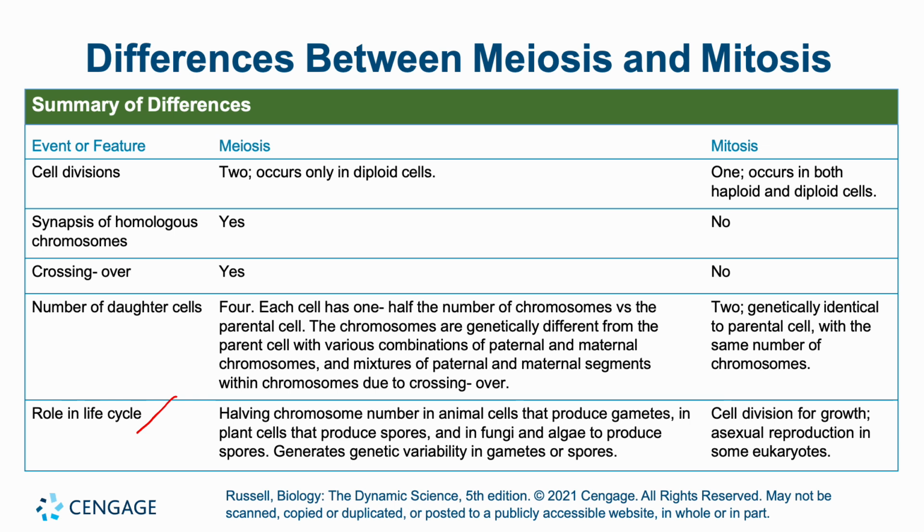But mitosis is usually used for growth, sexual reproduction in some eukaryotes and mostly in prokaryotes. Because if you can recall, prokaryotic cells or prokaryotes usually don't undergo or don't have sexual reproduction. What they have is asexual reproduction, just like binary fission, which is essentially cell division.